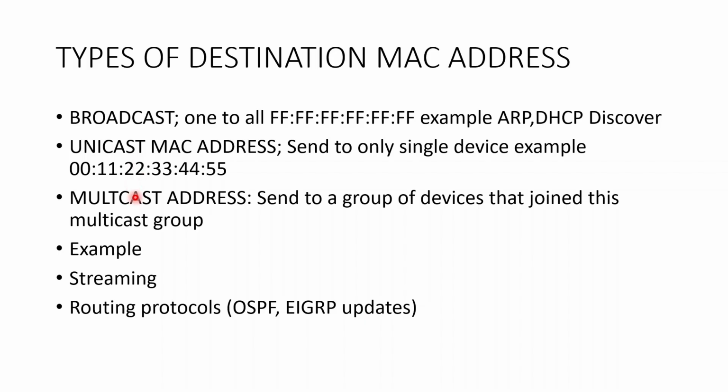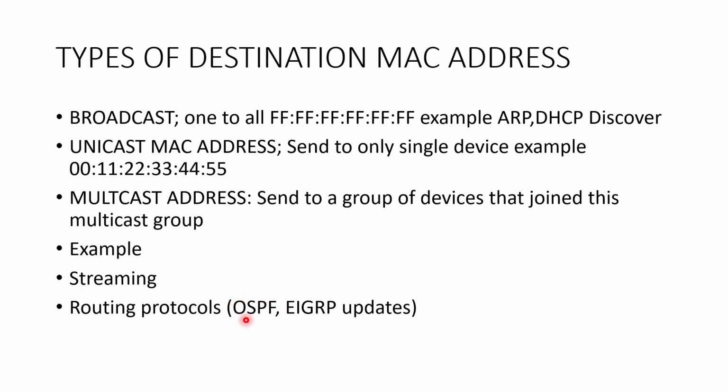Then another type of destination MAC address is the multicast address. The multicast address is a MAC address which is sent from one device to a group, one to group. So for example, this multicast group can be routing protocols such as OSPF and EIGRP updates. Don't worry about OSPF and EIGRP. These are dynamic routing protocols.